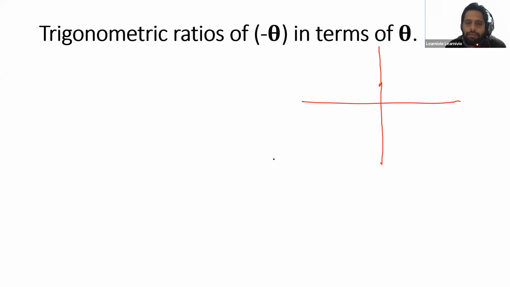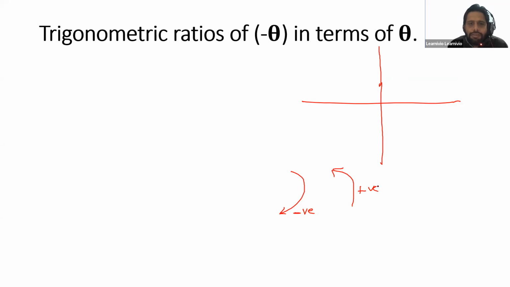Remember one thing, there's a standard notation for the angles. If the angle is measured in clockwise direction like this, then the angle will be negative. If the angle is measured in anti-clockwise direction, then the angle will be positive.